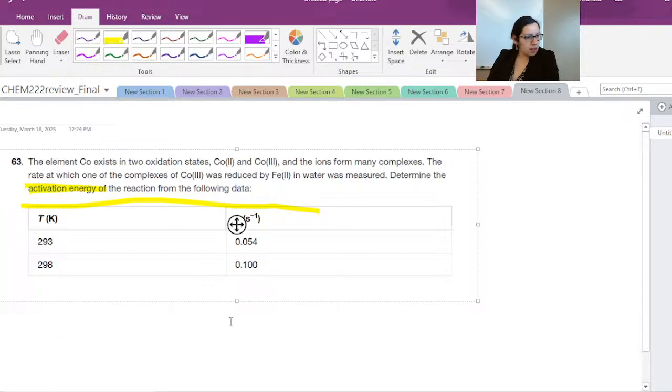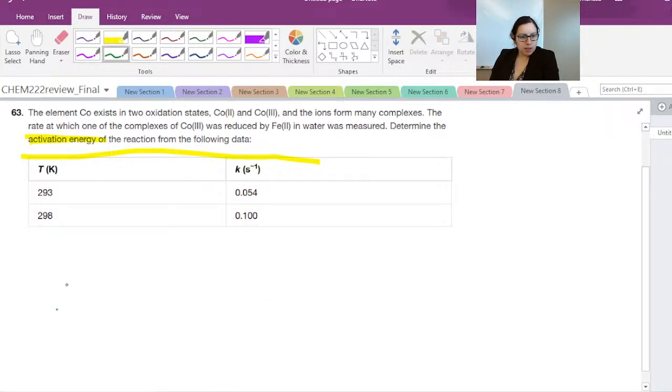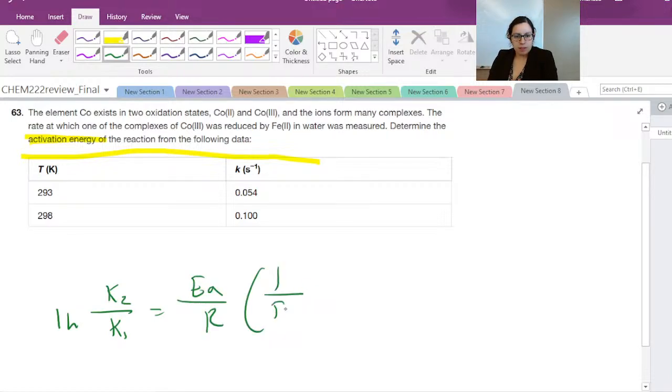I think you could get there. I had mine in the two-point form already. So the natural log of K2 over K1 equals Ea over R, times the difference in inverse temperatures. So that's the one I used. That being said, there might be other forms where you could still get the same answer.